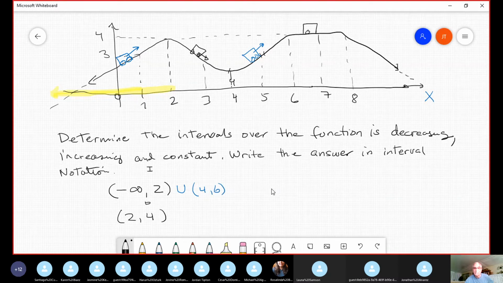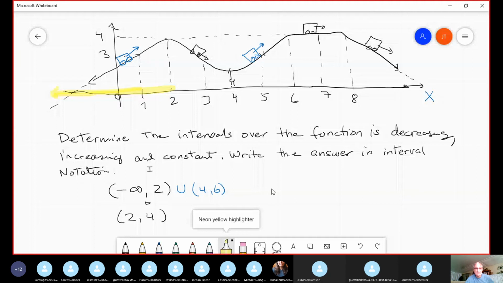That part is constant. That's the same height. And this is decreasing again. And we have another interval that is decreasing. Let me highlight increasing in yellow color. This is increasing. So I call this interval, this and this together, union, is increasing.